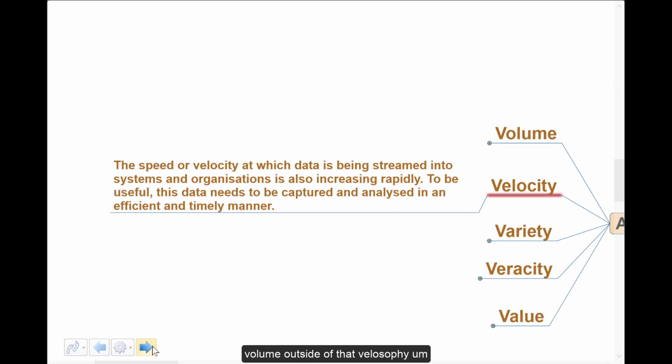Then there's velocity. With the internet, with tech, and indeed the advances in tech, the speed at which data is being streamed into systems and organizations is clearly increasing. It needs to be captured, and it needs to be captured in an efficient and timely manner.